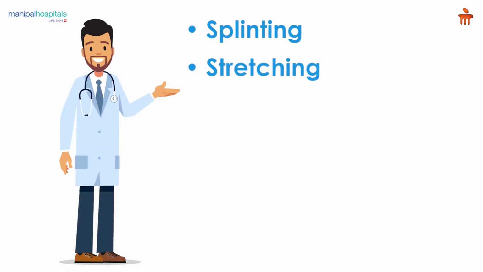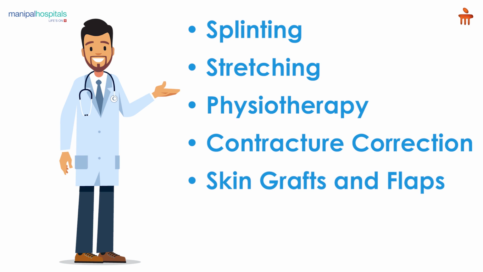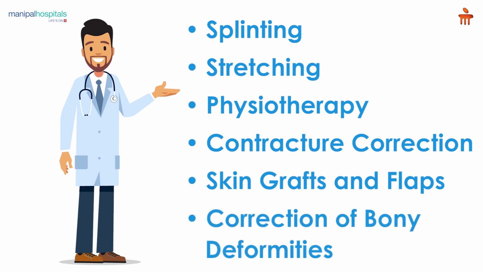Apart from surgery, there are other methods which will play a part in the management of a congenital hand anomaly, like splinting, stretching, physiotherapy, correction of contractures with release of contractures to allow the fingers to grow proportional to the age of the child, use of skin grafts or flaps, and correction of bony deformities.